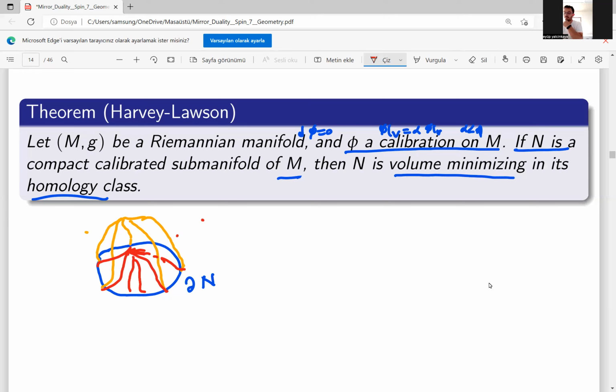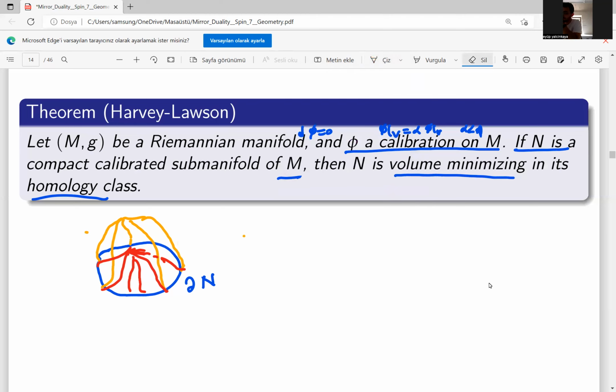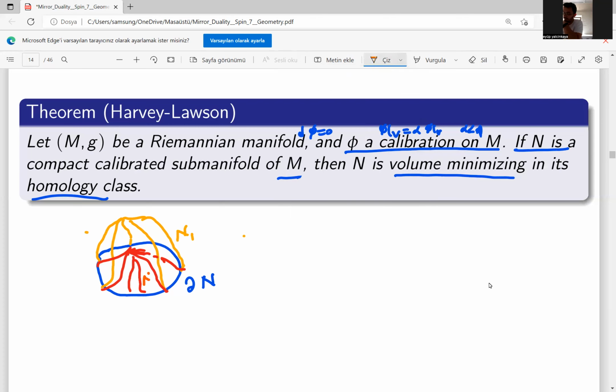This is one of them, M prime, the red one. This one is N or N1, the red one N2, and the third one N3, whatever.